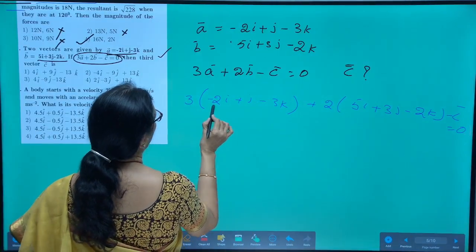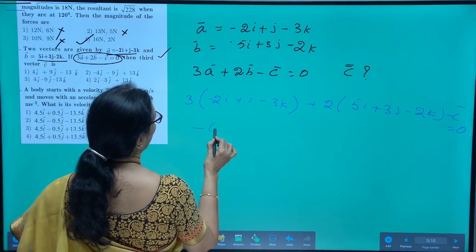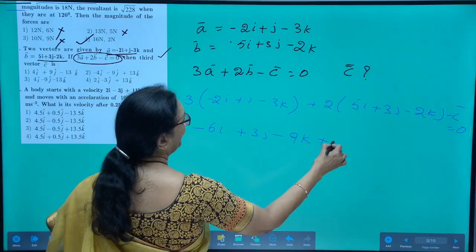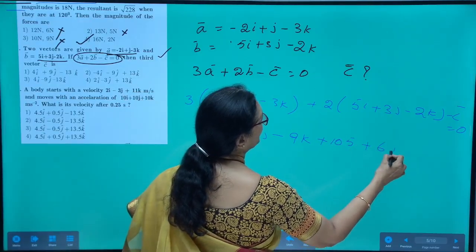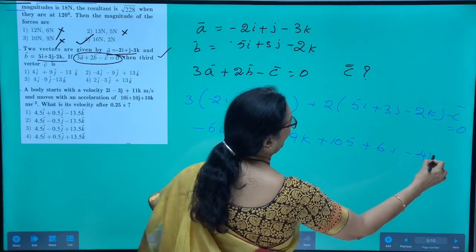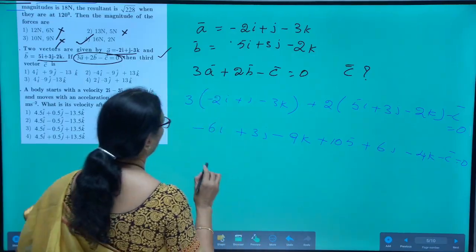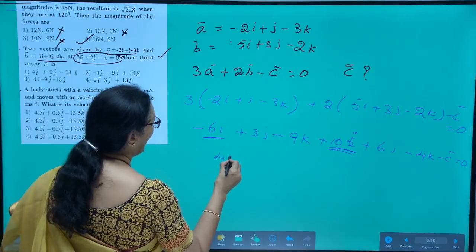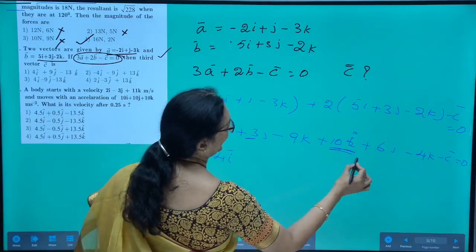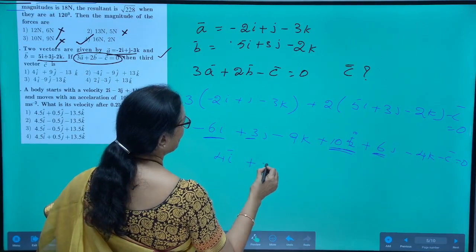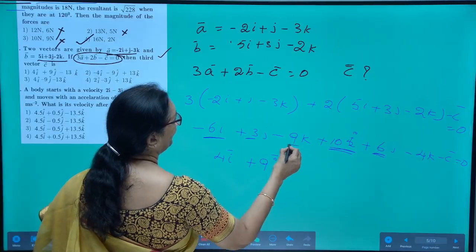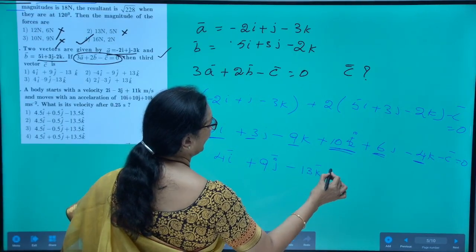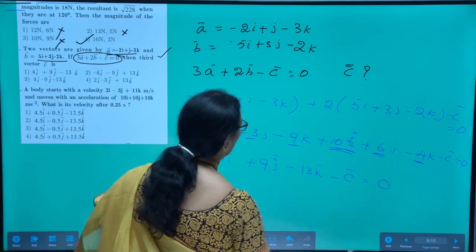Now, 3 into 2, it is minus 6i bar plus 3j bar minus 9k bar, plus 10i bar plus 6j bar minus 4k bar, minus C bar is equal to 0. Minus 6i plus 10i is 4i bar, 3j plus 6j is 9j bar, minus 9k minus 4k is minus 13k bar, minus C bar is equal to 0.